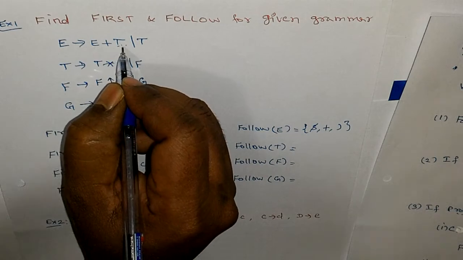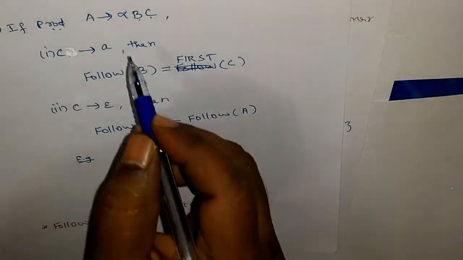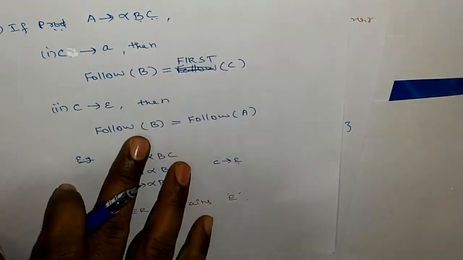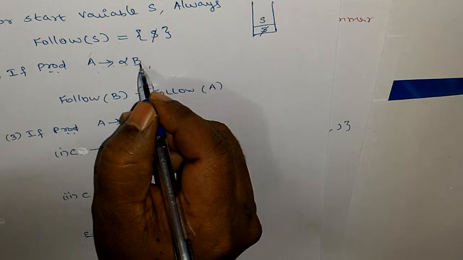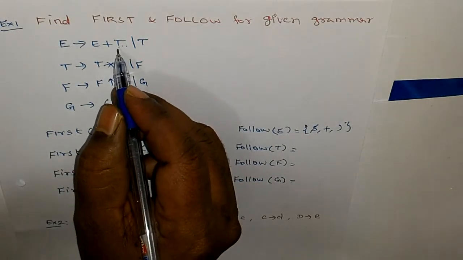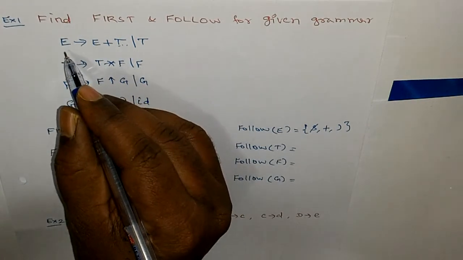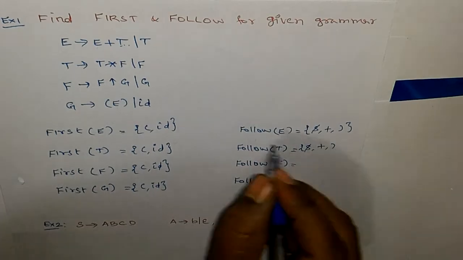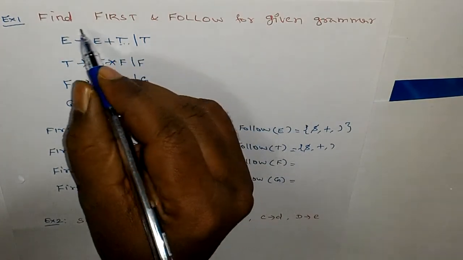As per this rule, after C nothing is there, so otherwise you can take this one, alpha B. B is the variable, after the variable nothing is there, so follow of B will be the follow of A. Here T is available at the end, so T follows E, so follow of T will be the follow of E. T appears in this production also, so follow of T will be the follow of E, the same thing.